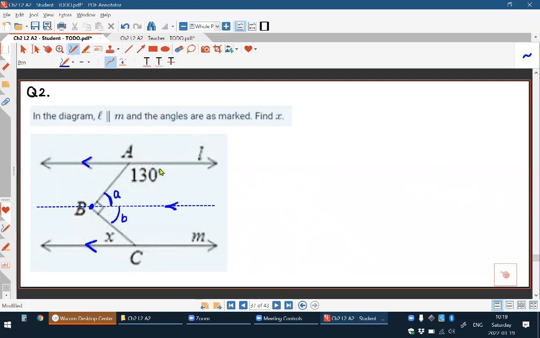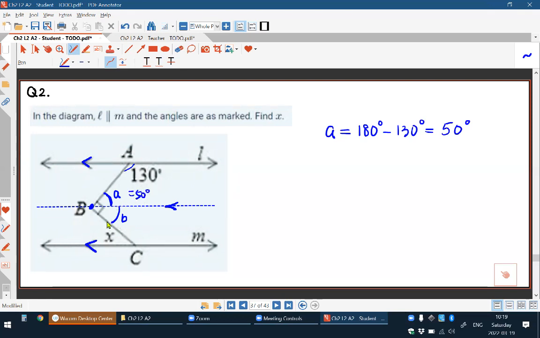So if these two lines are parallel, then A and this angle here are same side interior angles, right? So that gives us A is 180 degrees minus 130 degrees, which is 50 degrees.